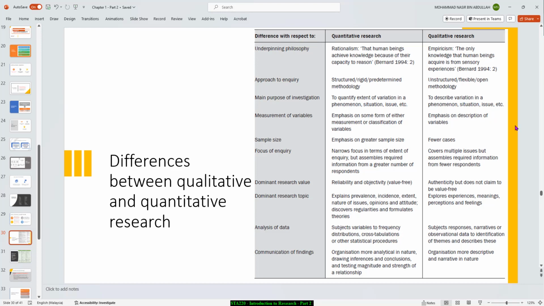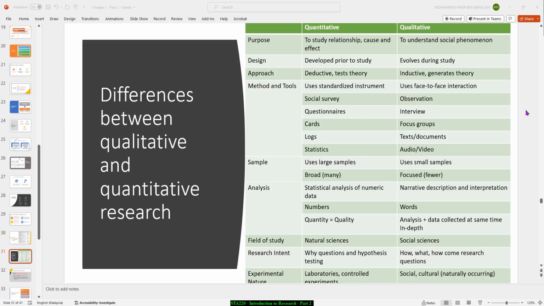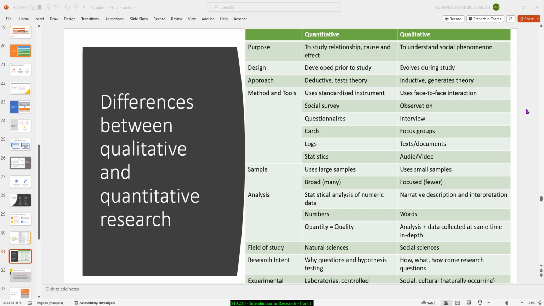You can screenshot this slide. Right? Boleh tak screenshot this slide? So I want you to read this one. What is the difference between qualitative and quantitative regarding the approach to the inquiry, the main purpose, sample size, focus on inquiry, analysis of data, and so on. Alright, so this is a different one, benda yang sama, you boleh screenshot juga.